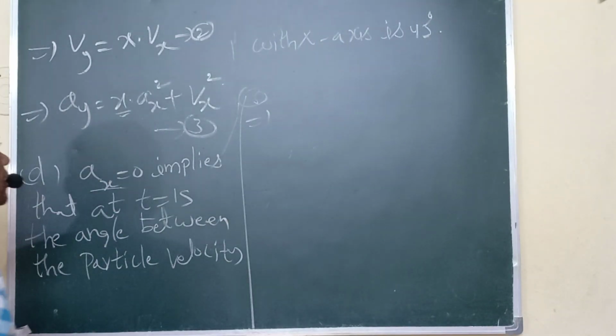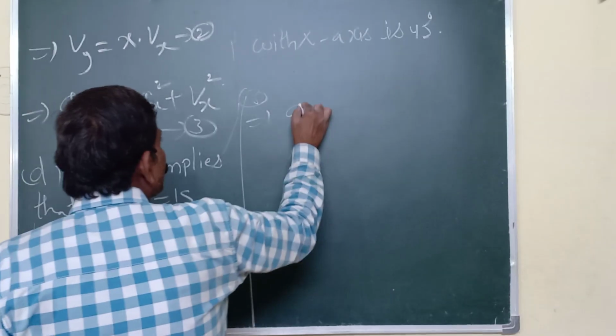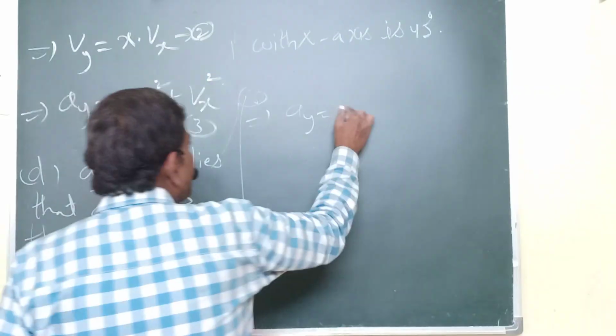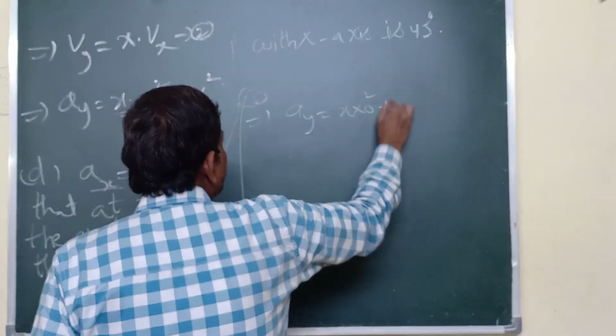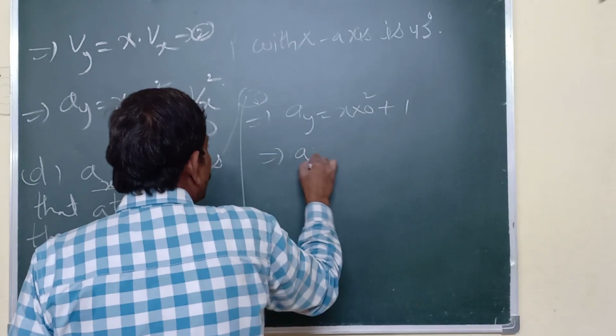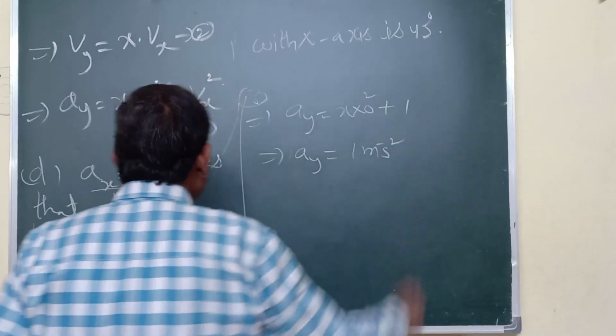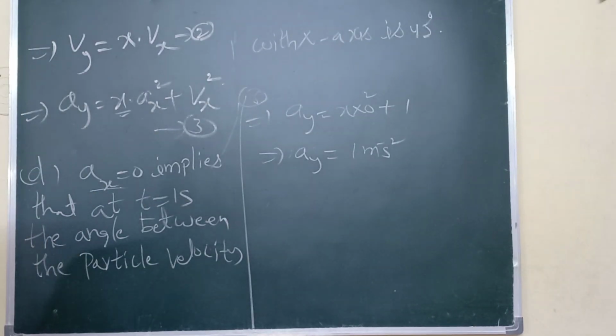At origin also 1, at any point also 1, you had given. So now Ay equals to Ax equal to 0, so x into 0 square plus 1. Finally, Ay is 1 meter per second square.